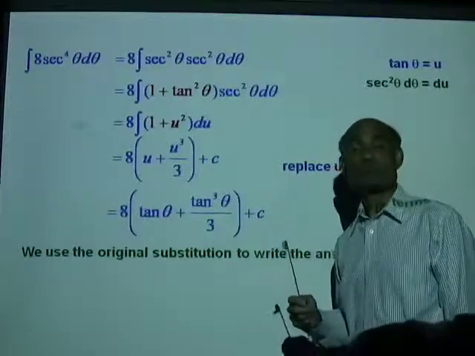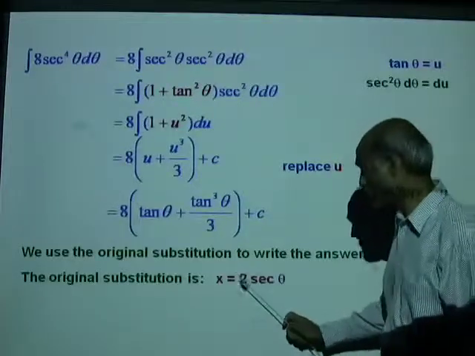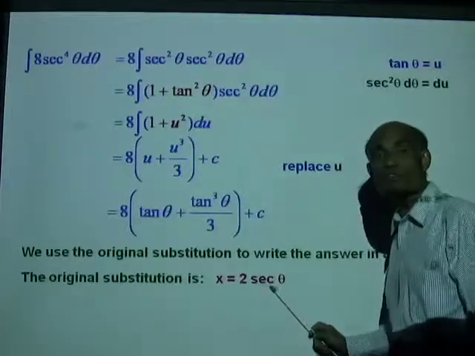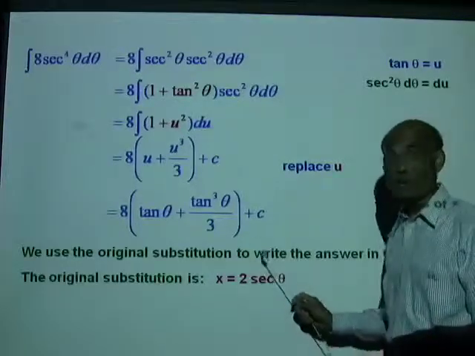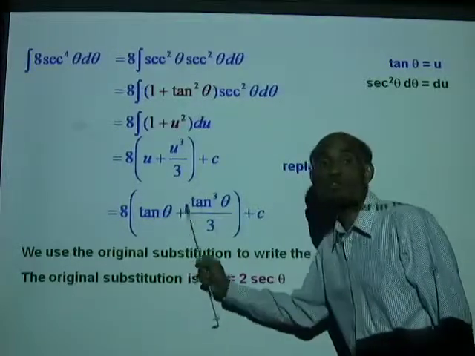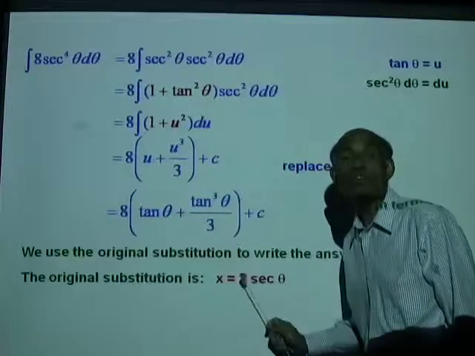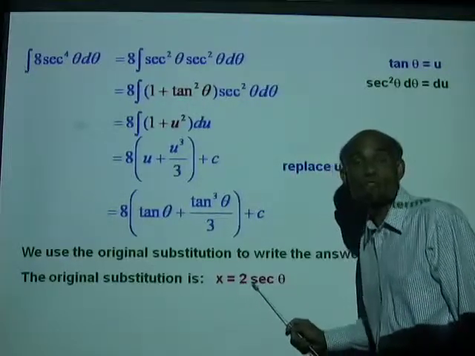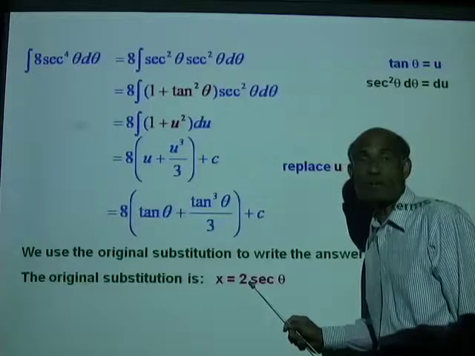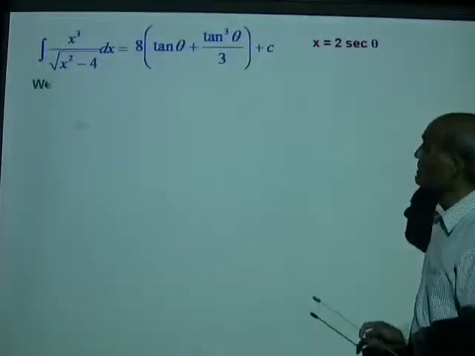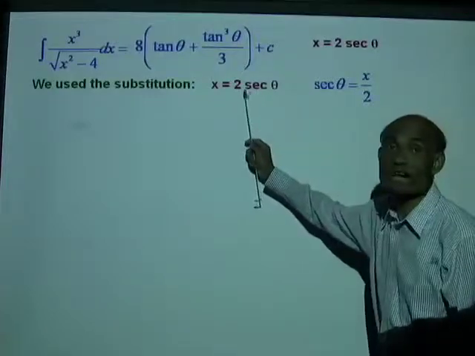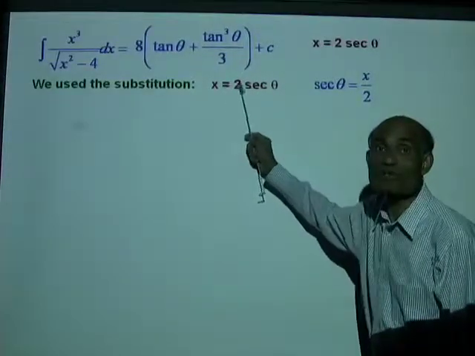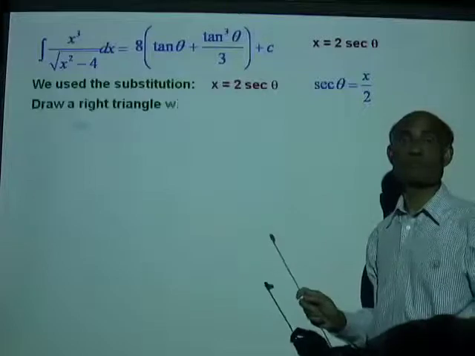Now, the original substitution is x equal to 2 secant theta. And now, in order to figure out what these quantities are, we need to draw a triangle using this. What kind of triangle? Well, we draw a triangle such that secant theta equal to x divided by 2.